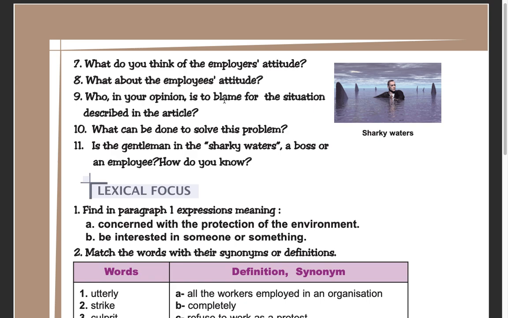Of course, based on the article we have seen and read earlier. They do not listen to their employees, they do not respect them, they may just sack them at any time for their own benefit. So they are to blame. They need to listen to their employees because they know more about the intricate details of the job they are holding and maybe the company as a whole.